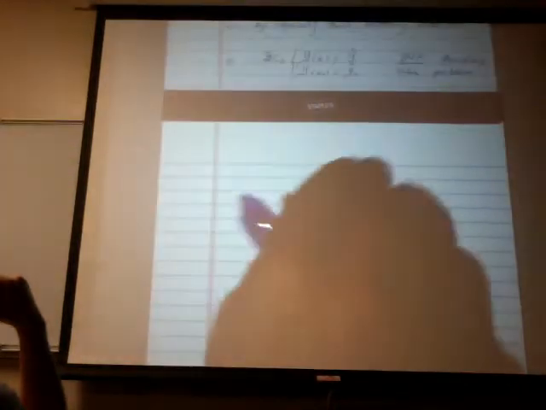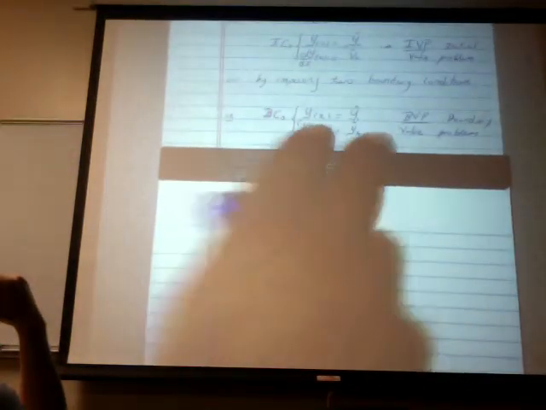Okay. All right, so that's very easy. So if we have a second order linear homogeneous constant coefficient ordinary differential equation, that's it.